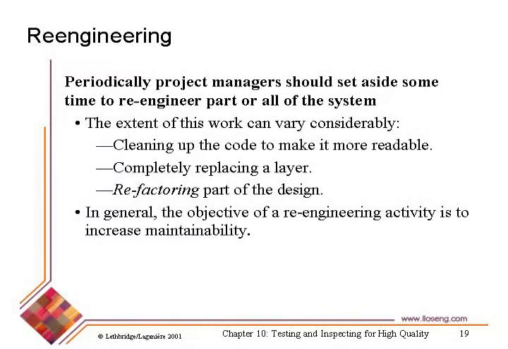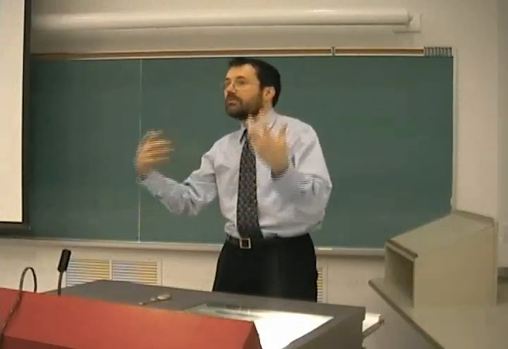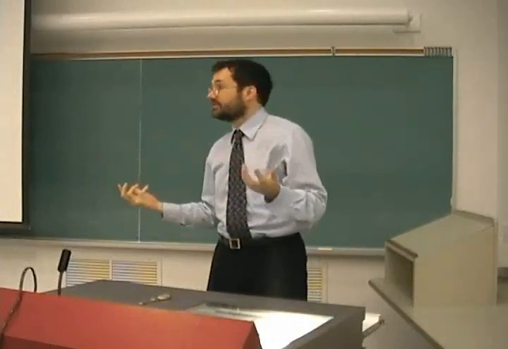So, cleaning up the code, making it more readable, replacing parts, refactoring. The notion of refactoring is becoming quite popular and very important in software engineering, and that is taking, for example, a class hierarchy and changing it so that it follows better rules, gives you better polymorphism, better coupling and cohesion, for example.